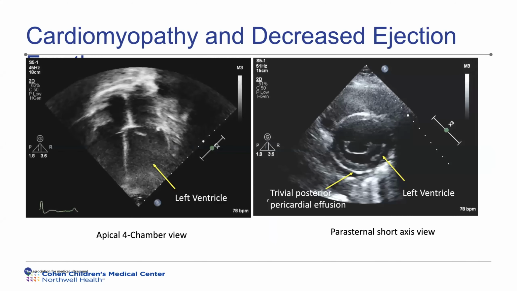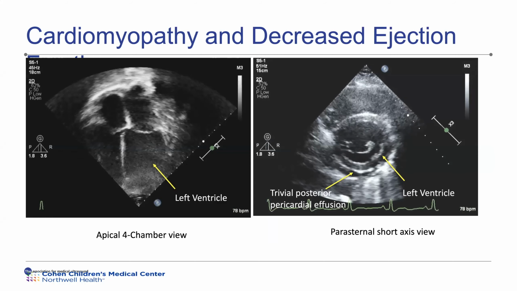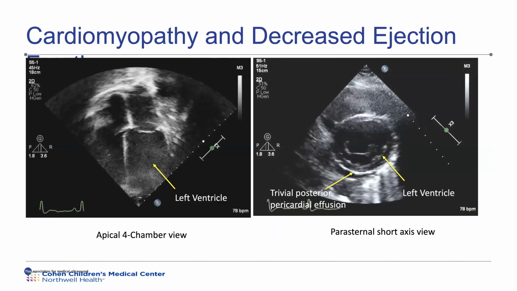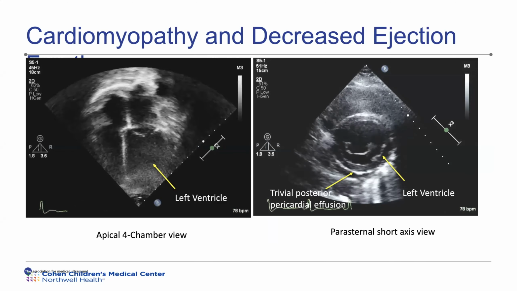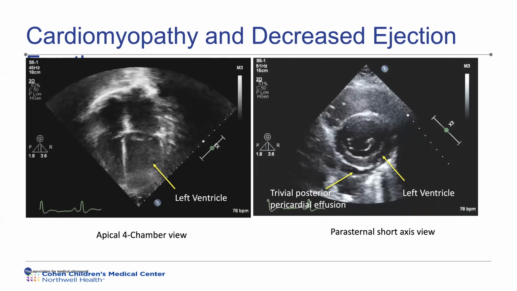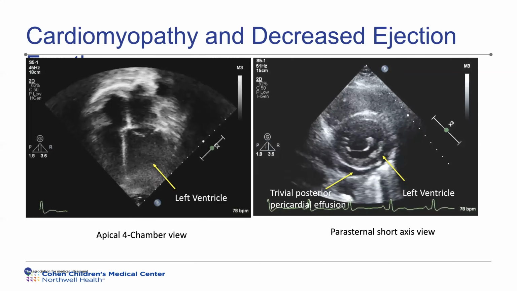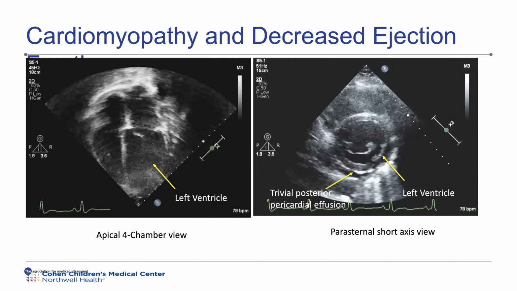And in addition to the dilatation of the coronary arteries, we also see abnormal contractility. There's a reduced ejection fraction in this patient. It was less than 50%, again, related to cardiomyopathy and decreased contractility.